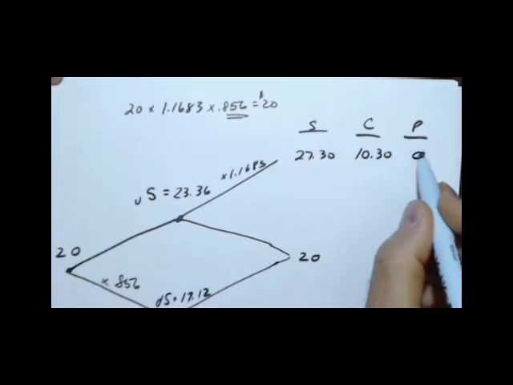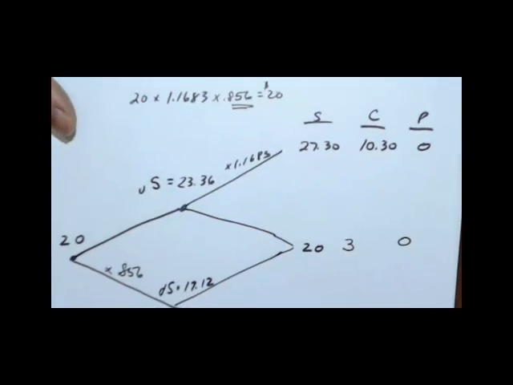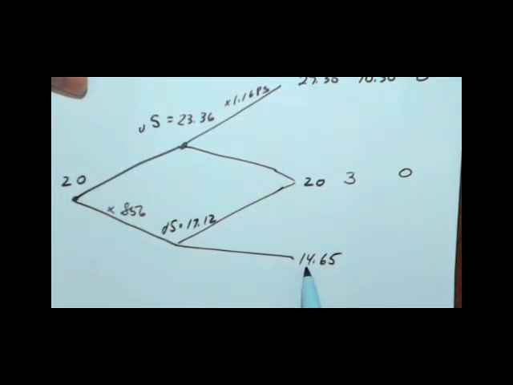The put is worthless when the stock is at $27.30. Now, when the stock is at 20, the value of the call is $3, given a strike of 17. The put is still out of the money, 0. And at 14.65, the call is worthless. It's out of the money.